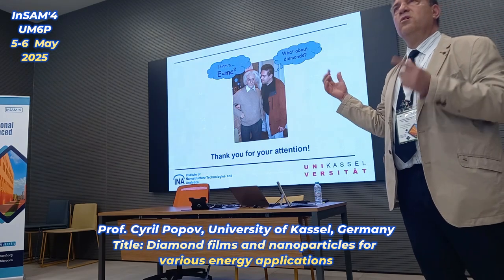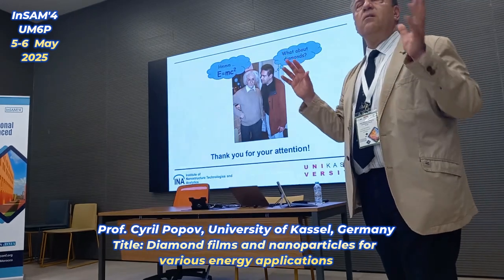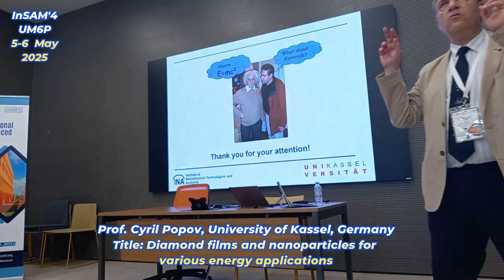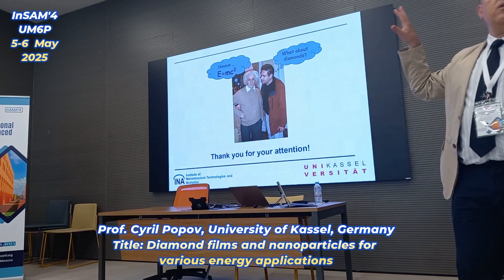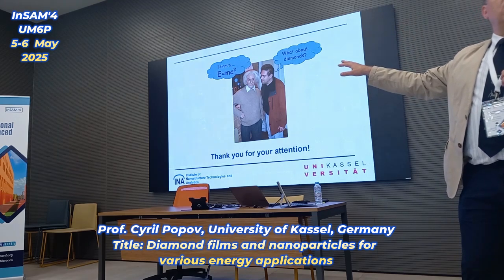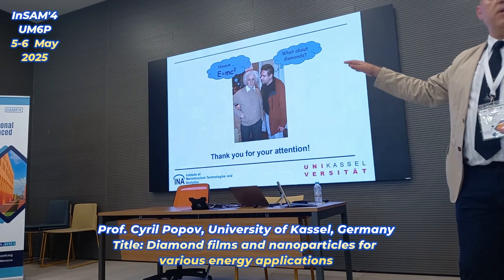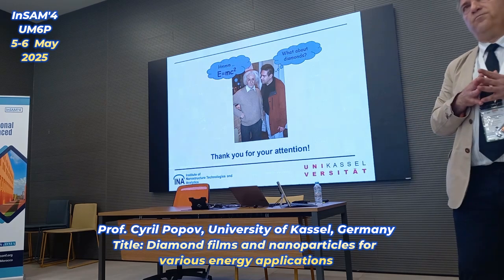If you want to use ultra-nanocrystalline diamond, which we can say is low quality regarding crystallinity, we can reduce the temperature, increase the methane concentration, and exchange partially or even completely hydrogen with nitrogen. So this is the selection.